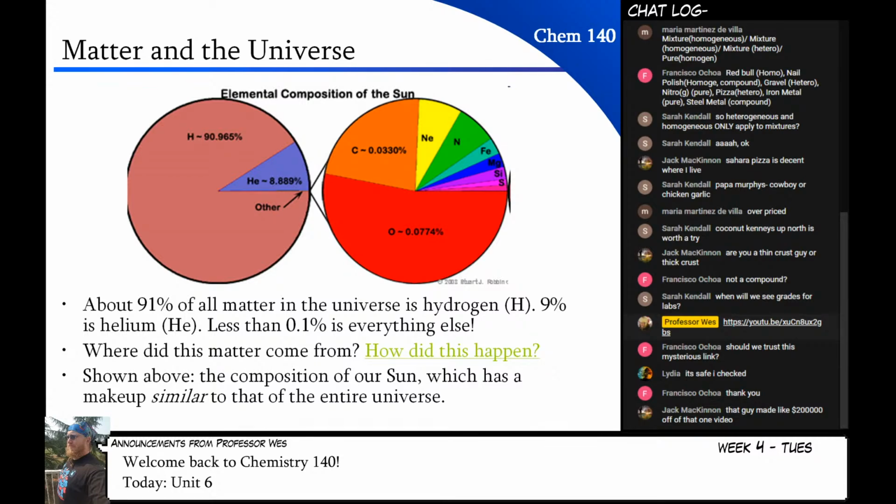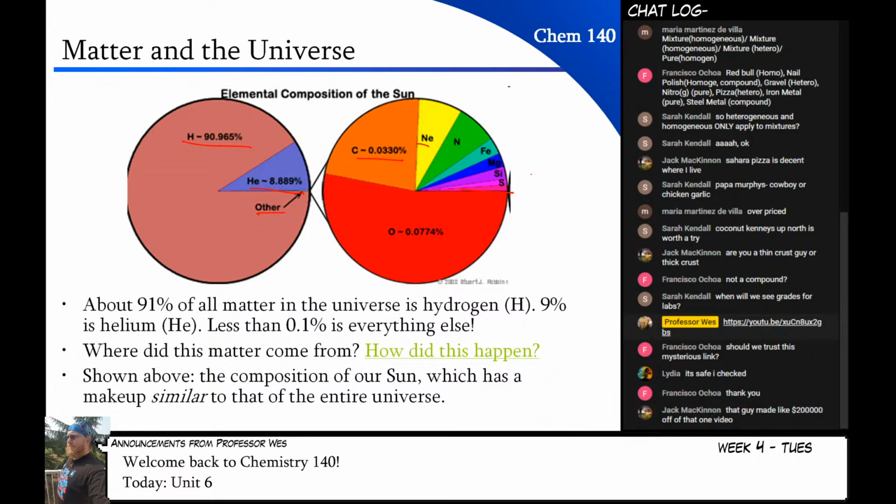But the takeaway is that almost all matter in the universe is hydrogen. There is so much matter out there that it's almost entirely hydrogen. About 9% is helium, and then the rest, which you can't even see on this bar graph, is oxygen, carbon, and so on and so forth. And then this is everything else from there. I think there was a third graph which blew this up and showed what that tiny percentage of everything else was.